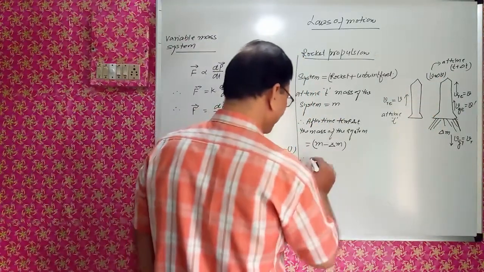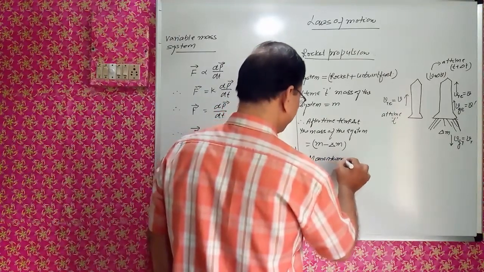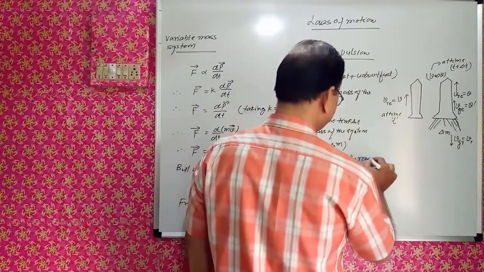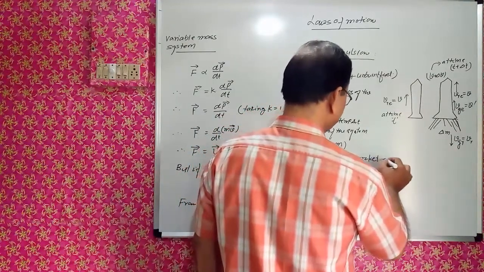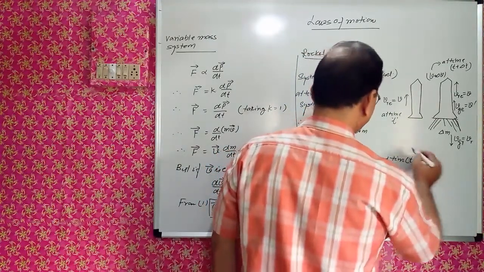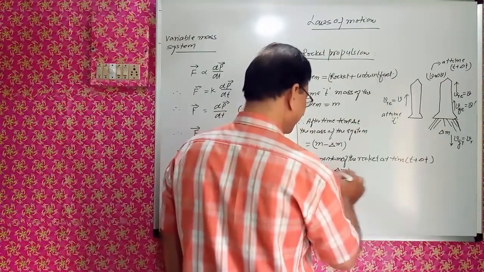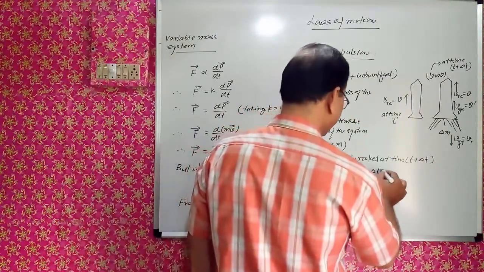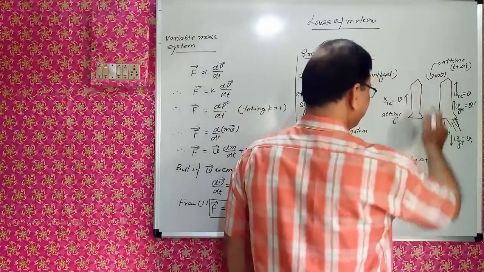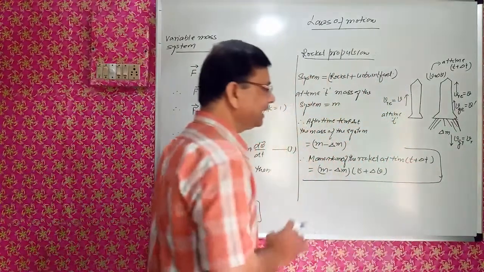Therefore, the momentum of the rocket at time t plus delta t is equal to m minus delta m into v plus delta v. Am I right? See, one more thing, that is that I have taken the velocities. This is one part. We'll proceed further.